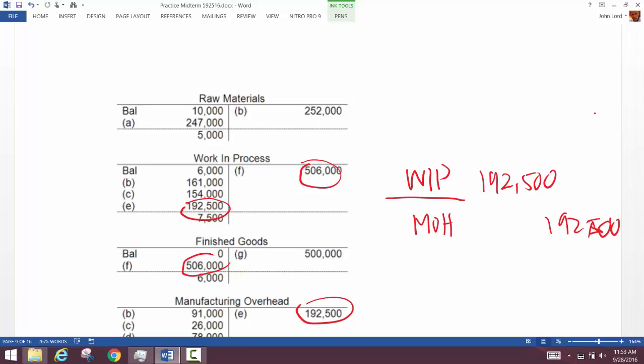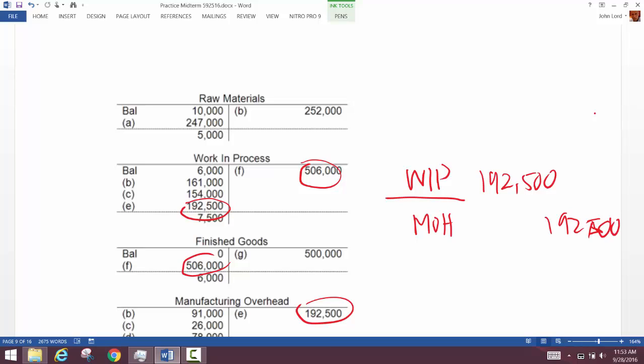And you see how there's a B next to that? Some of that B went to work in progress, and if you look at your manufacturing overhead down there, some of it went to my manufacturing overhead, right? So the 161 must be the direct materials. The 91 must be the indirect materials, right?